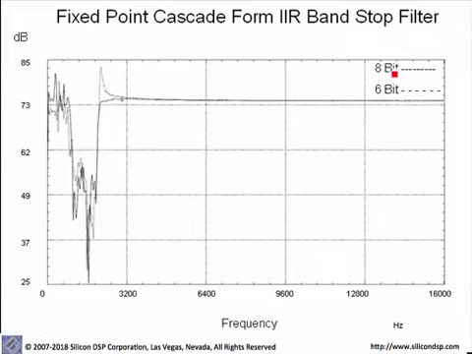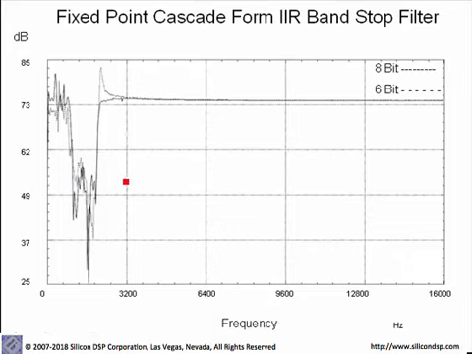When we go to 8 bits, which is a solid curve, we see that we somewhat meet some of the requirements for the filter in the stop band, but if you compare this to the floating point, you can see that we still may not meet the requirements.